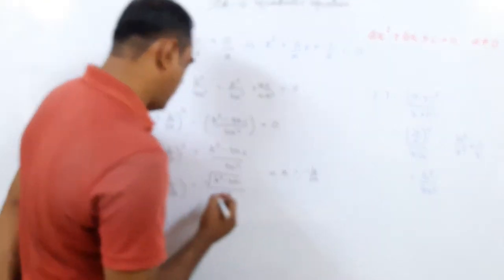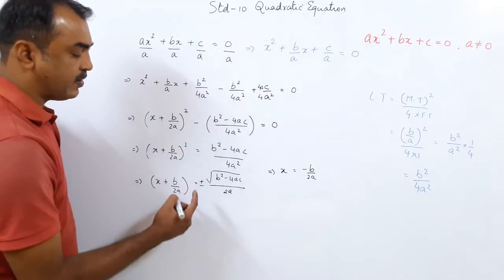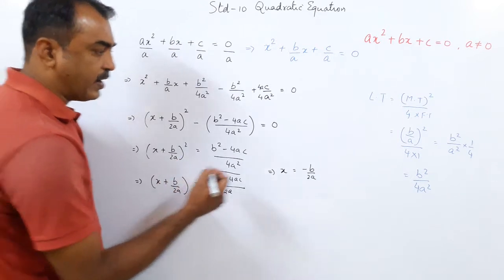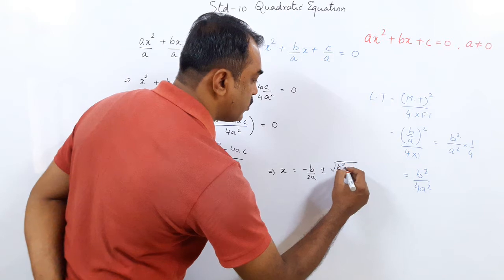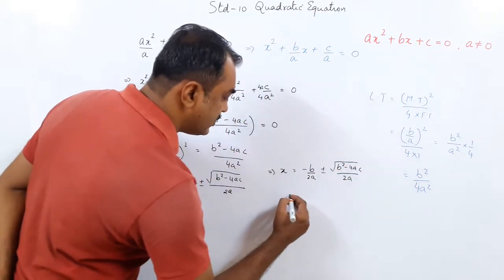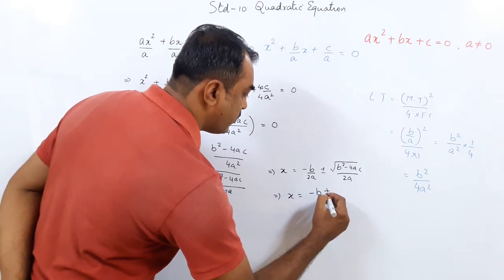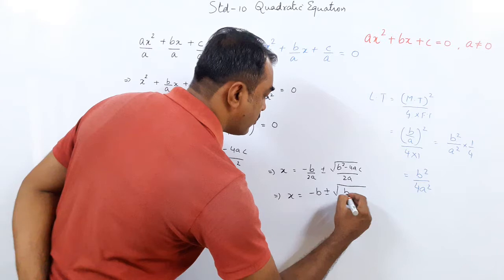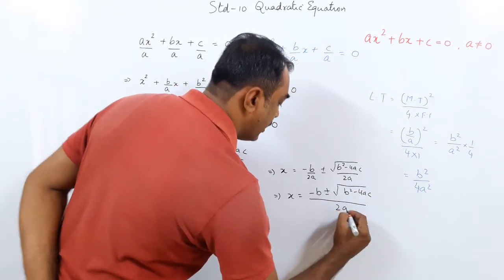And here, because it is the square root, I should put a plus minus. Remember the plus minus, because one will be positive, one will be negative. So plus minus under root b square minus 4ac upon 2a, which gives us x is equal to minus b plus minus under root b square minus 4ac upon 2a.